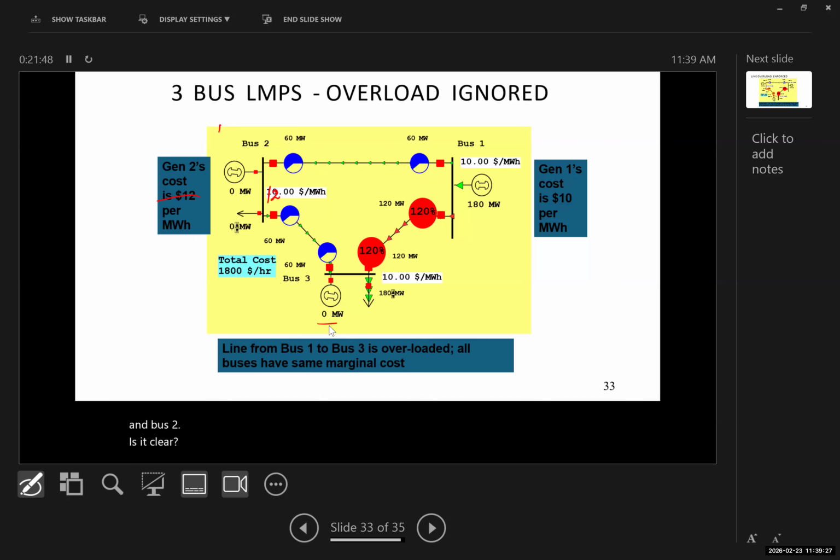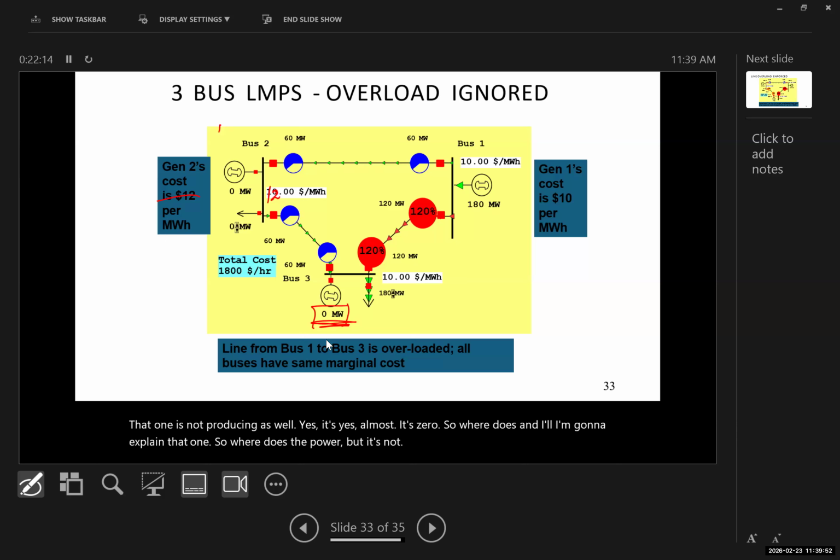So bus 3 here is not producing any power. It's producing 0 megawatts. Down here, it's producing 0 megawatts. That one is not producing as well. Yes, almost 0. And I'm going to explain that one. It's not consuming anything as well. So the production is 0 in bus 2 and consumption is 0. But bus 3 is producing 0, but it's consuming 180 megawatts.